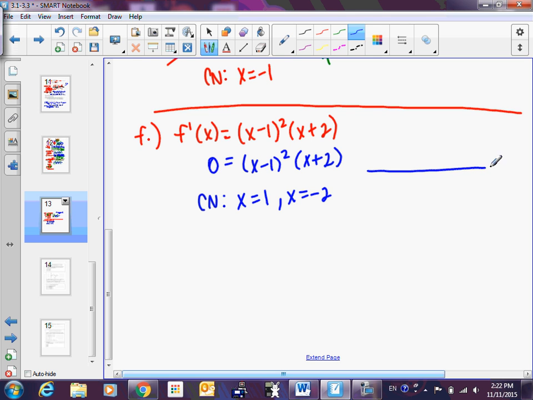You may be thinking, why did you give us this problem? This seems pretty easy. I did it to prove a point. Okay, I want you to go ahead and complete this sign chart on your own.